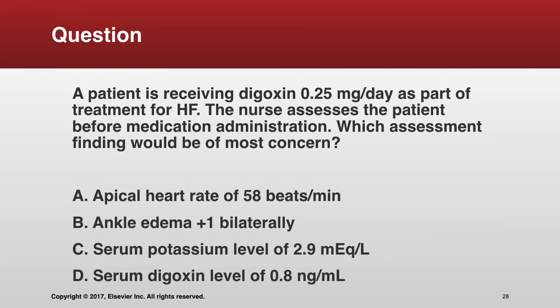The ankle edema may be a manifestation of the heart failure and not a new concern. And the dig level is within the normal range. So you can see why we would choose the serum potassium level.